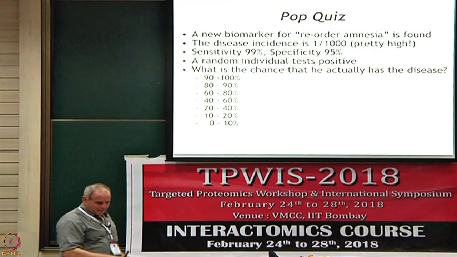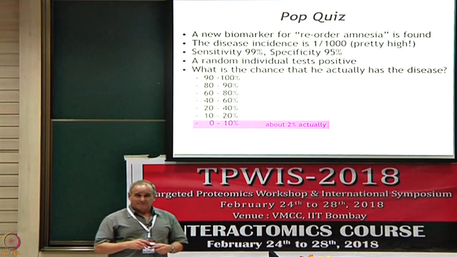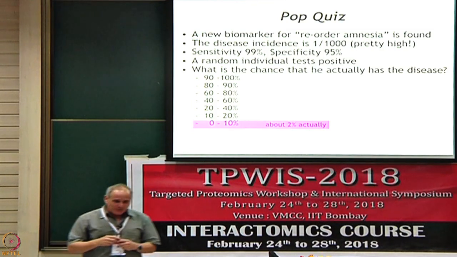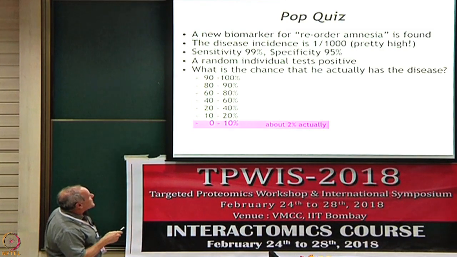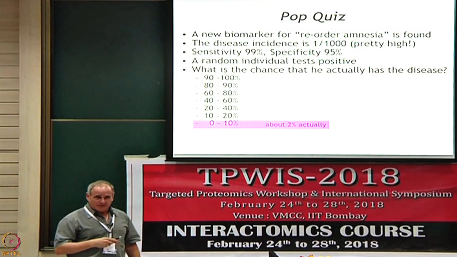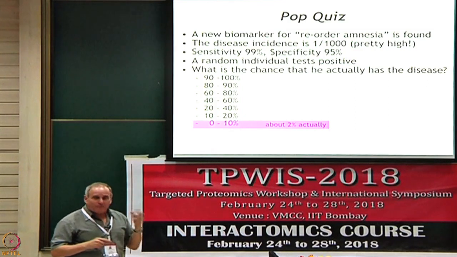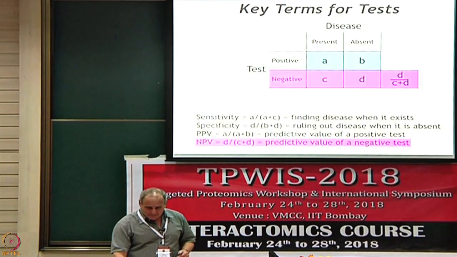All right. It's about 2%. Yeah, it's about 2%, right? Because remember, what affects you here is the incidence of the disease. It's very low. And it turns out that this is an important thing to remember about these statistics. And let me go back a second and point that out.